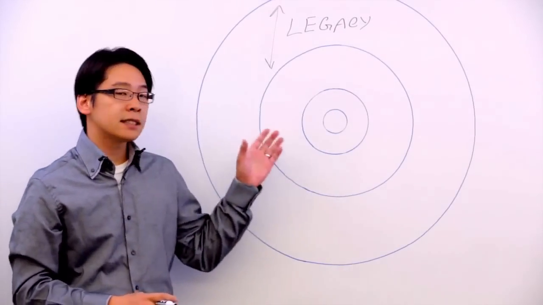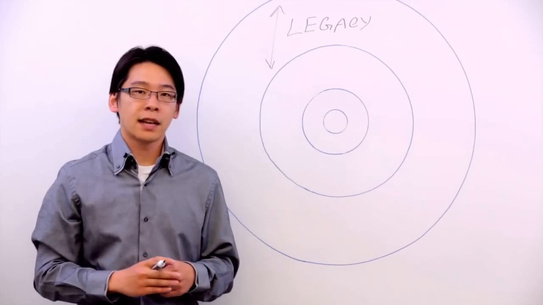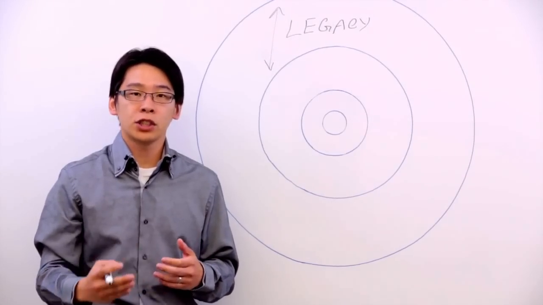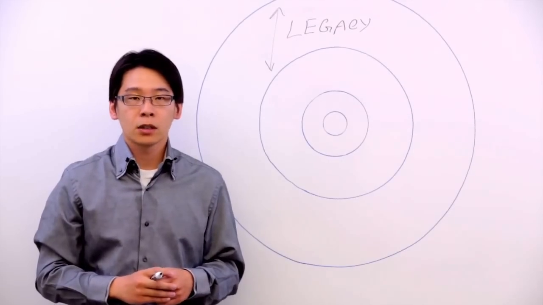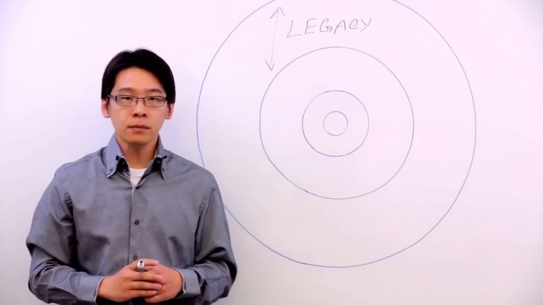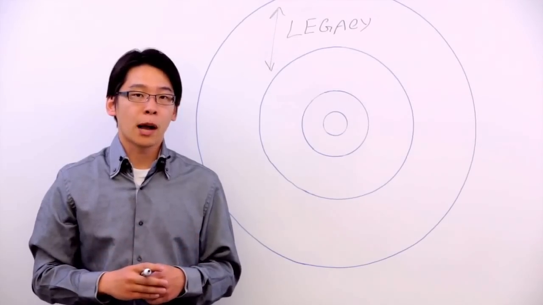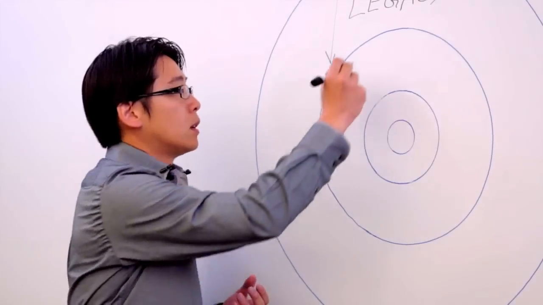Now, what's inside the circle is the new code. New code in the sense that it is code that has been newly checked into the SCM system, code that was written since our previous version. Now, even with new code, there's a lot of new code that is perhaps of low risk.